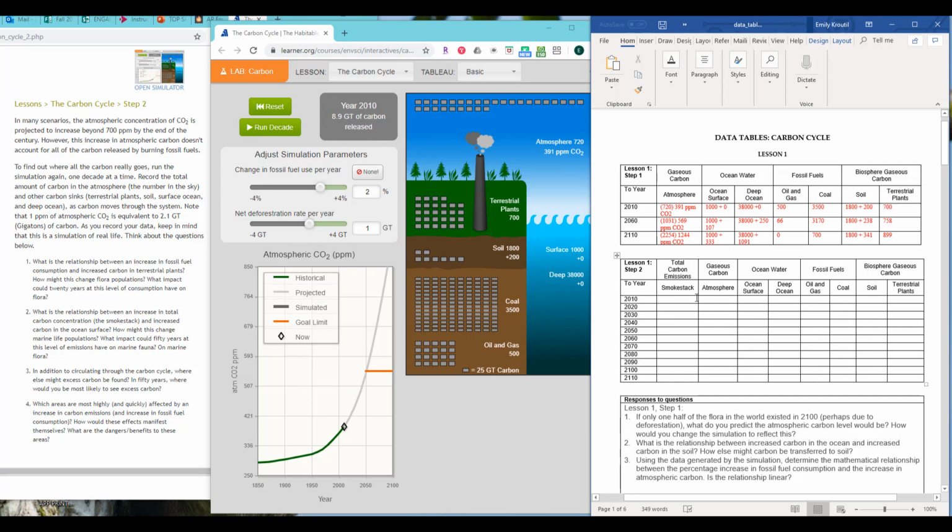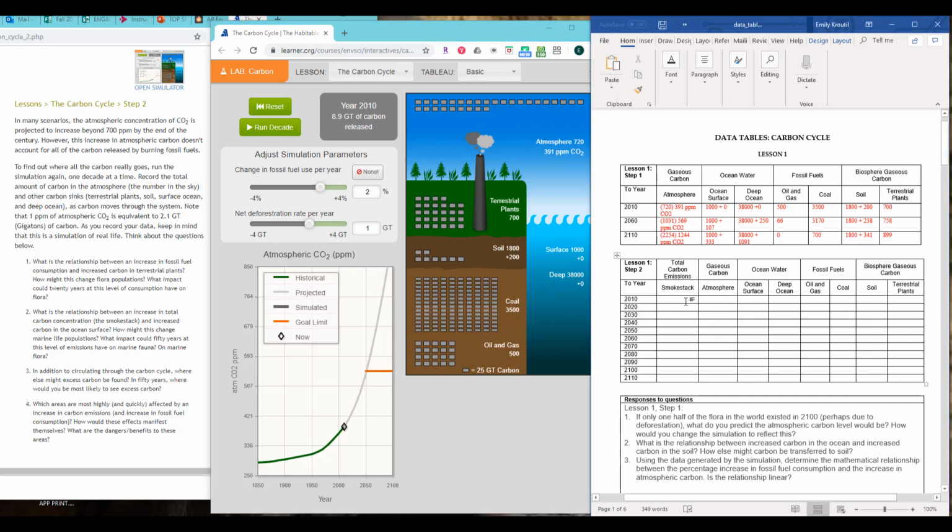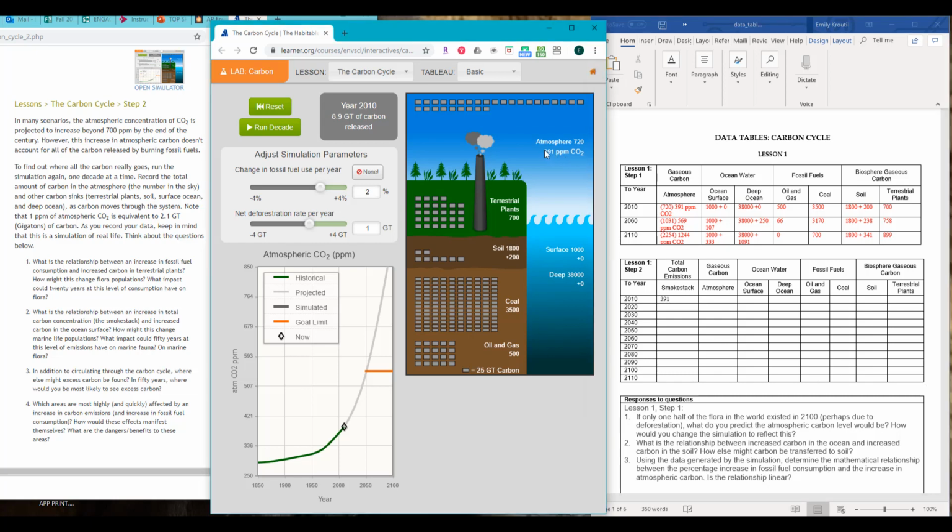So the total carbon emissions from the smokestack is 391. So this right here, this 391, is what's coming out of the smokestack.